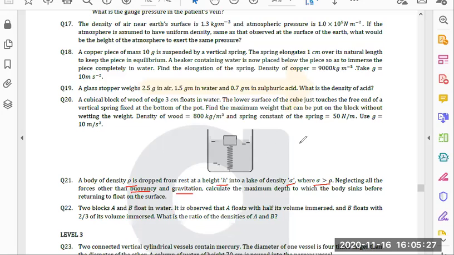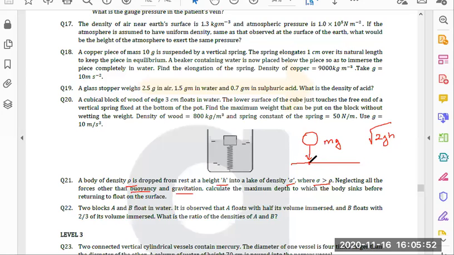Now think about it. Suppose this is a body and it is dropped. The only force acting on this body is mg. Now it is hitting the lake surface. I can say that the velocity at this point is root 2gh. I hope all of you already know the velocity will be root 2gh.